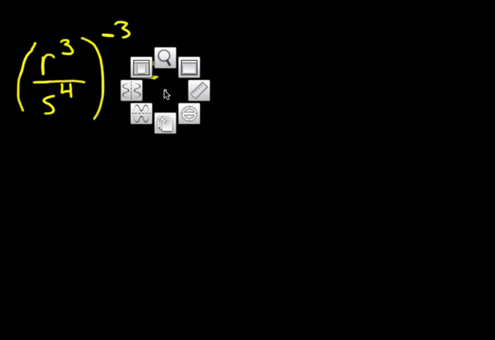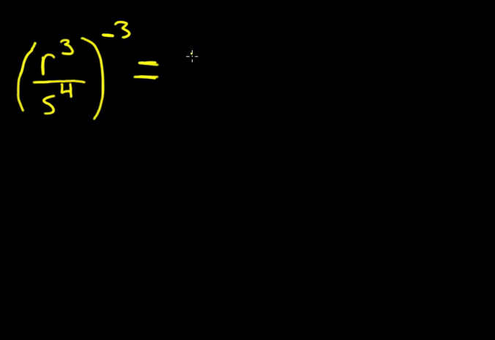So I have a power quotient rule that says I have r to the 3 times negative 3. That's because this negative 3 is getting multiplied by this power here.